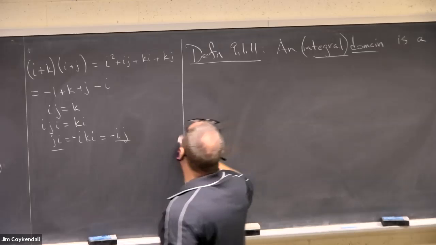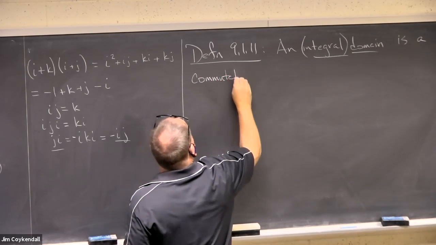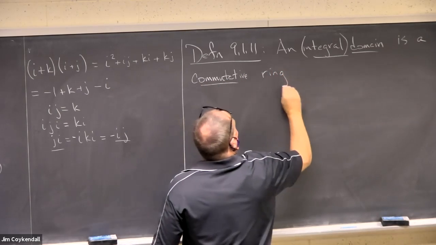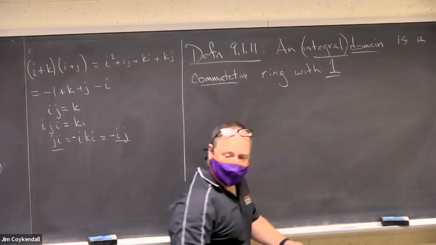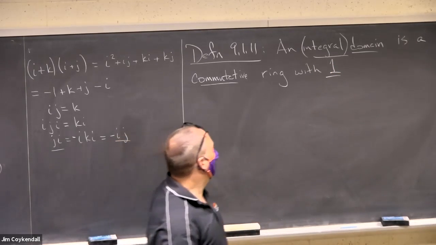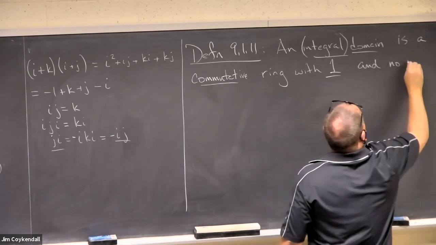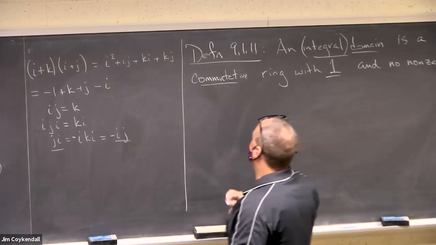It's got to have all this. Commutative ring with one. It's got to have an identity. And no non-zero zero divisors.